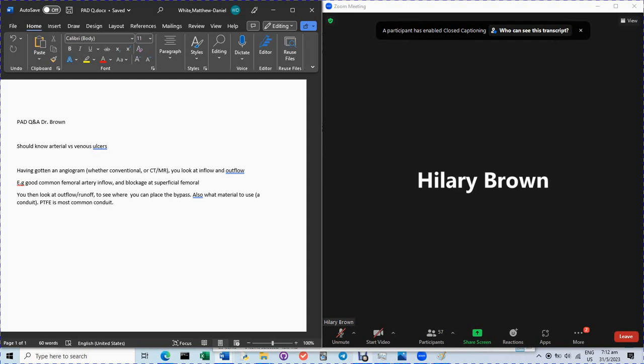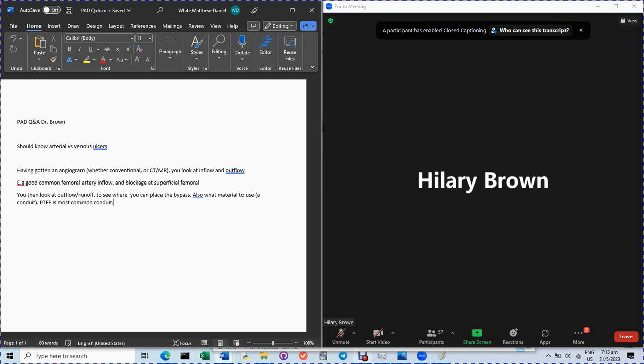You should be able to describe the findings of an angiogram, right? Because you should know the vascular anatomy. You should know that the common iliac branches into the external and internal iliac.